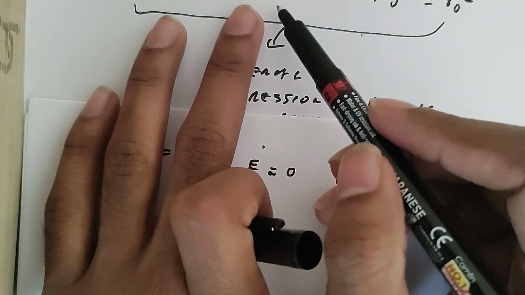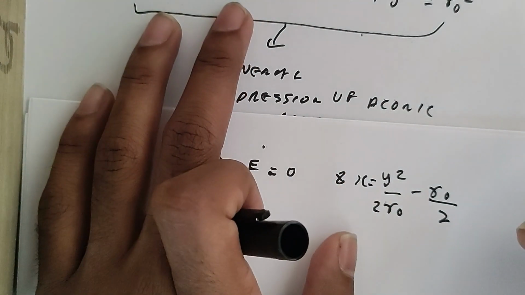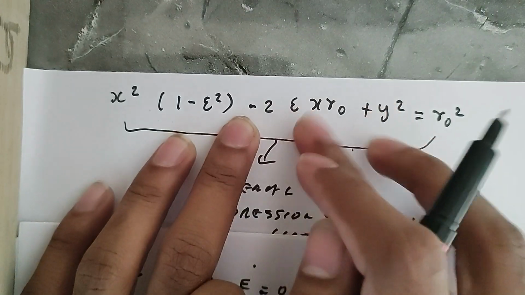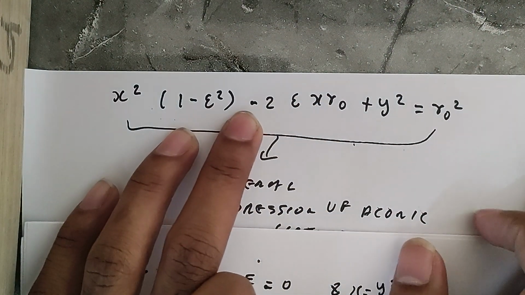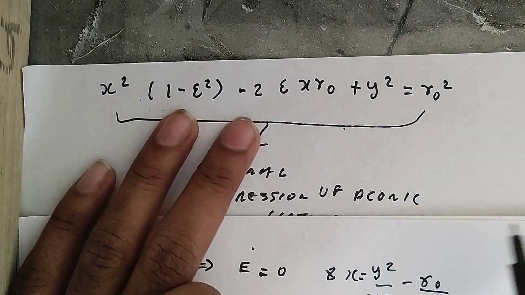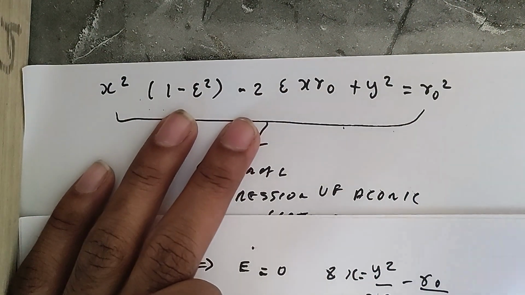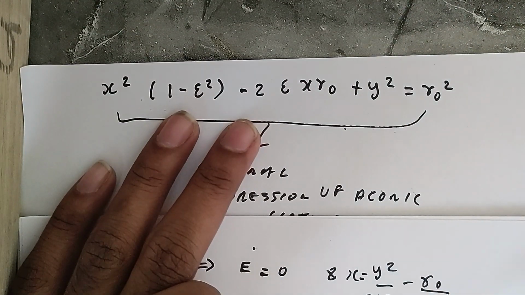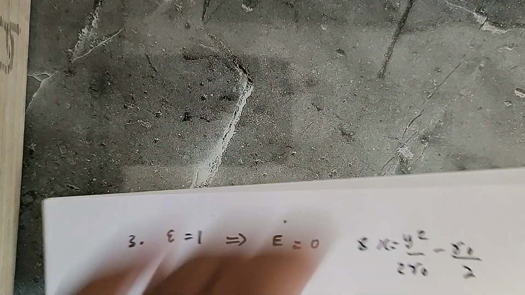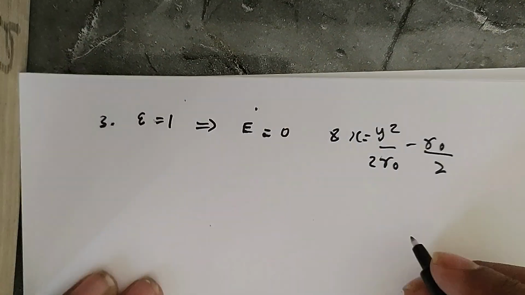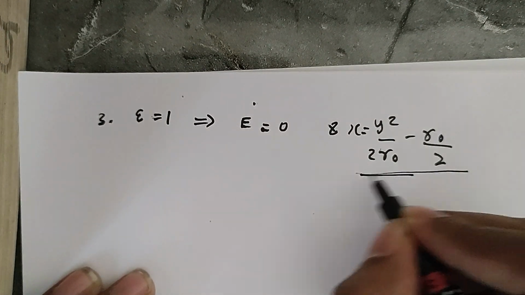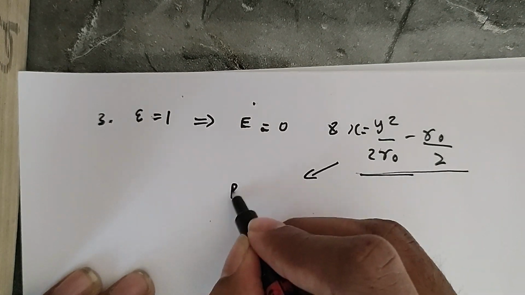As you can see, there's a negative sign, this goes to this side, it picks a positive sign, and R naught comes over here and picks a negative sign, so we have minus R naught upon 2 plus y square. It's beautiful to see how we get a simple equation, and it's the equation of a parabola.